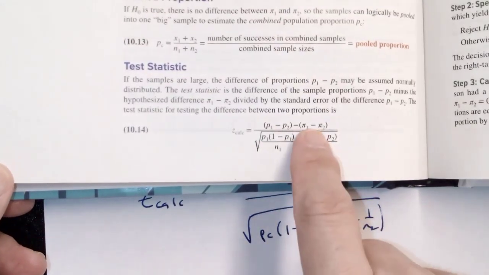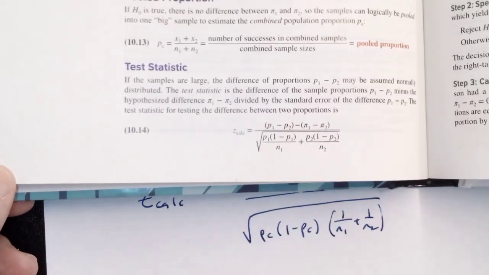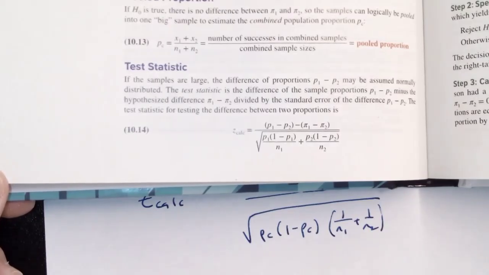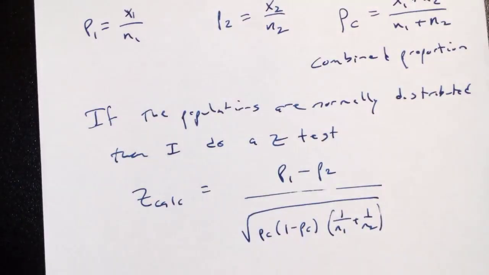There's my expected difference, and here's my unpooled version. I'm not going to use that one in this course. Most of the time, we would say, hey, we expect the proportion of people to be the same in most of our behaviors. We'll talk about the unpooled version in another fashion.